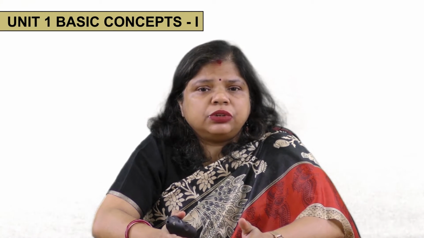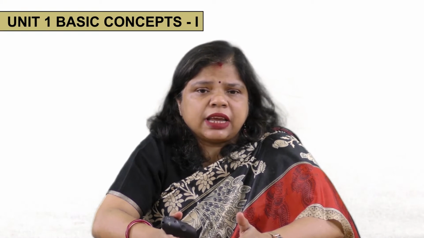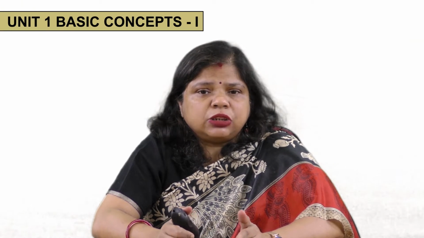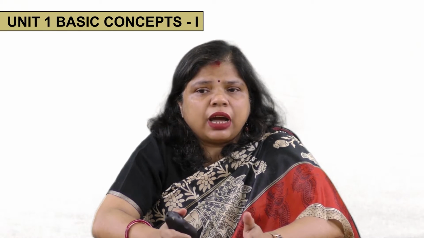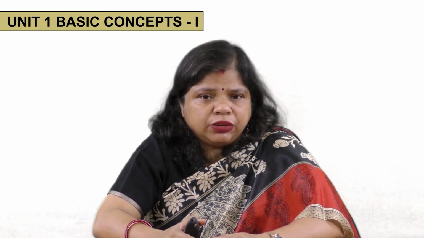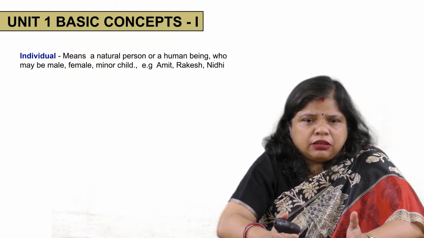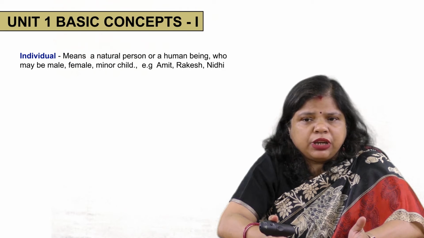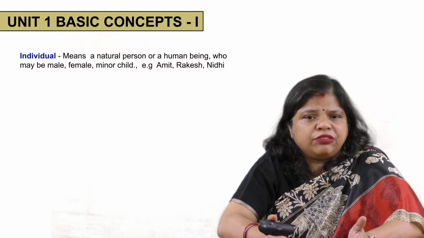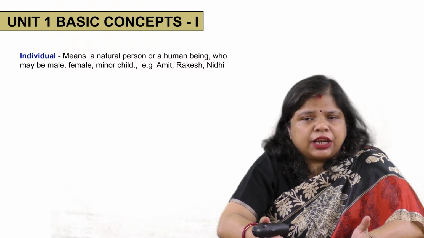Generally we use the words person and individual in the same way, but this is not the case in the Income Tax Act. The following are all persons. Individuals like me, you or anybody. Individual means a natural person or a human being who may be male, female, minor, or child, for example Amit, Rakesh, Nidhi.